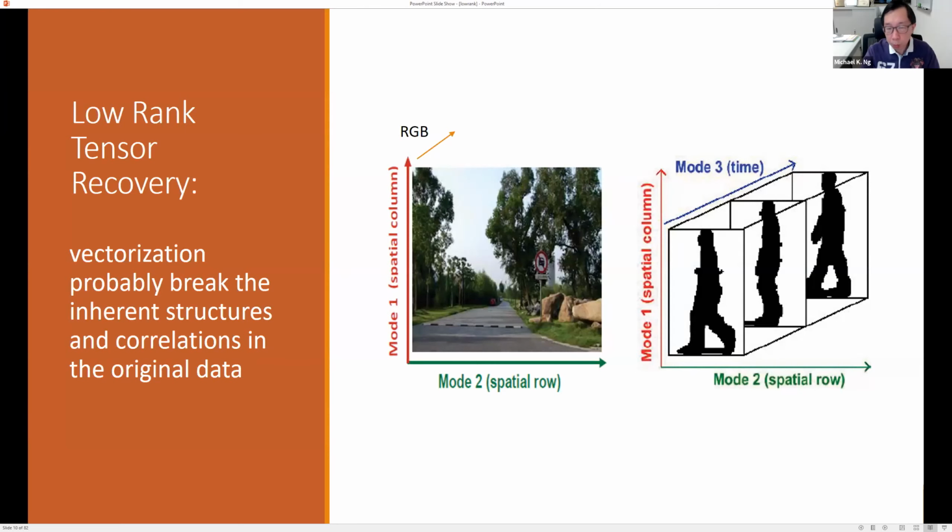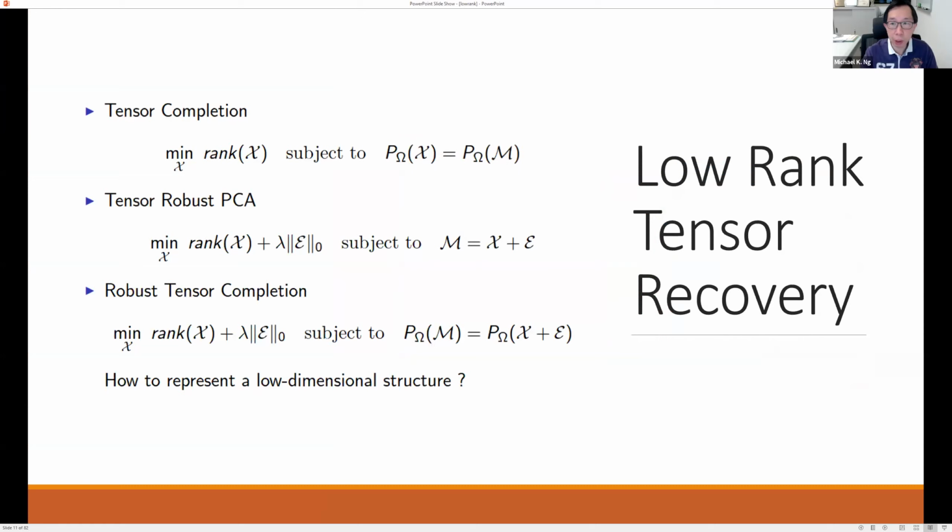We just simply break this structure. For example, for this picture, if you just move it column by column into a vector, that will break the structure and not use the underlying correlation in a better way. So this is why we consider low-rank tensor recovery.